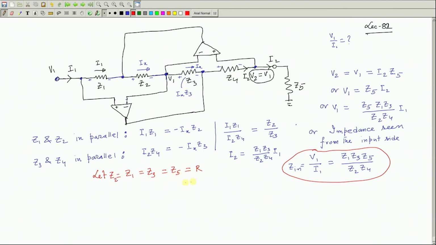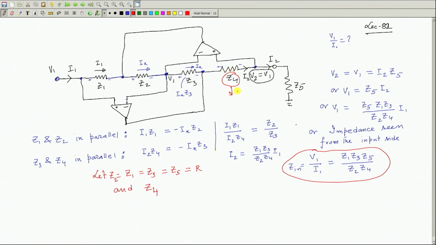They may be different values also, but suppose I make them all resistances. And then Z4: although I have drawn a resistance symbol, it can be drawn as a box, because it could be any impedance Z4.